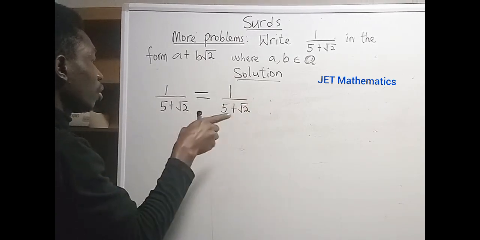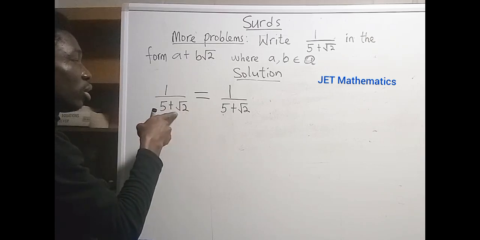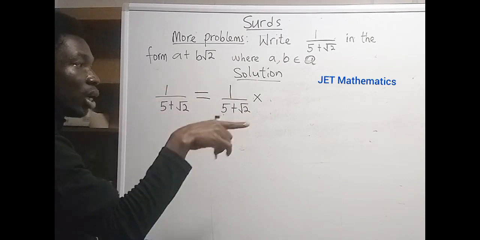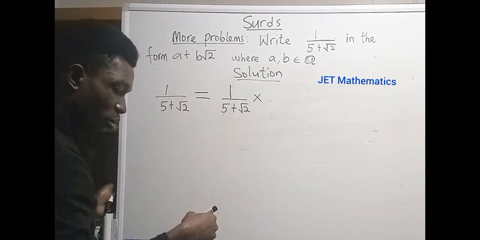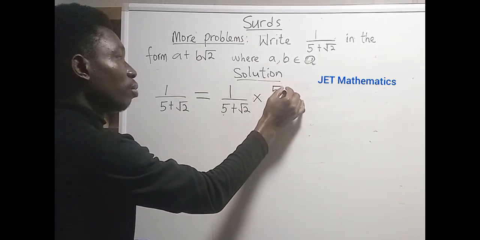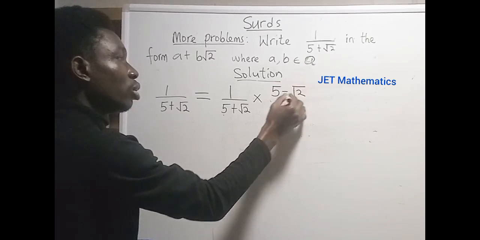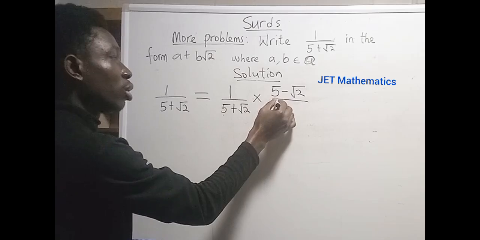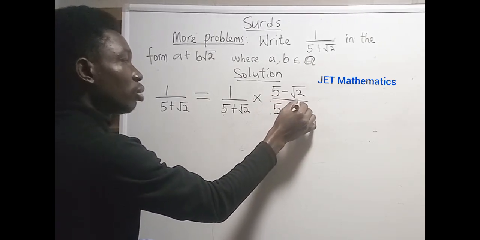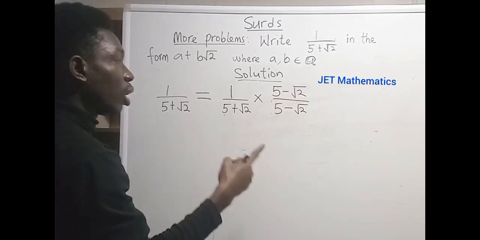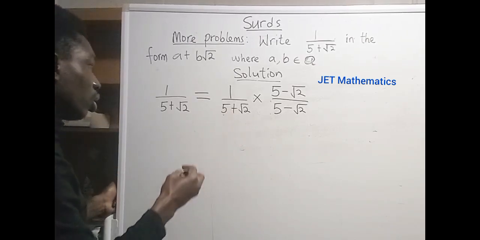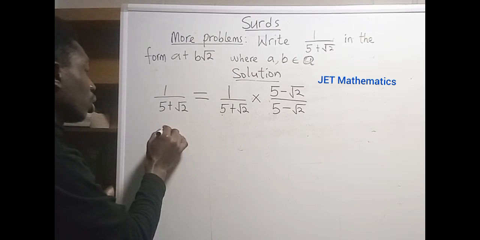Remember I told you in our last video, for you to rationalize the denominator, you multiply the numerator and the denominator by the conjugate surd of the denominator, so we have 5 minus root 2. That is the conjugate of the denominator, 5 minus root 2. So I told you how to get conjugates, just change the sign of that surd.